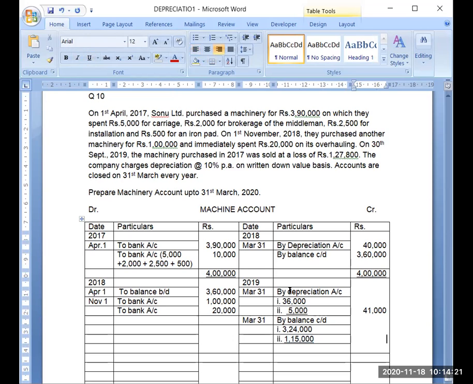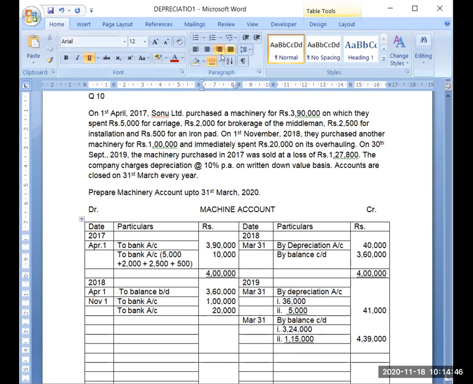So 3,24,000 plus 1,15,000 will be 4,39,000. Now we can total both the sides.